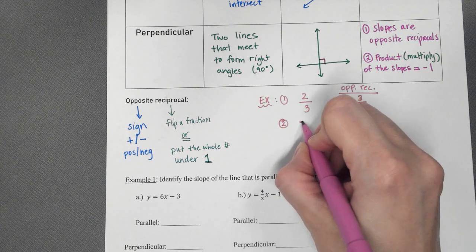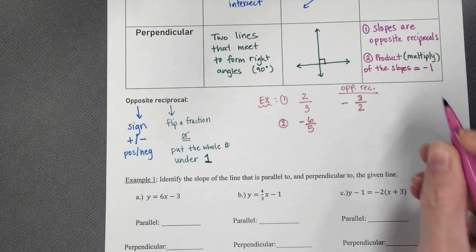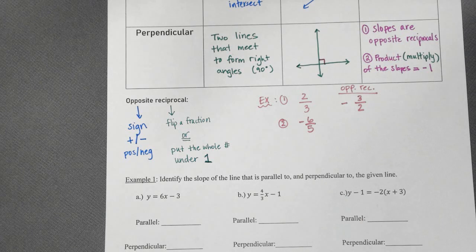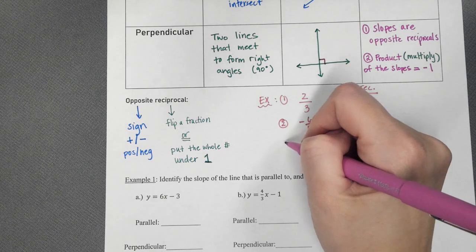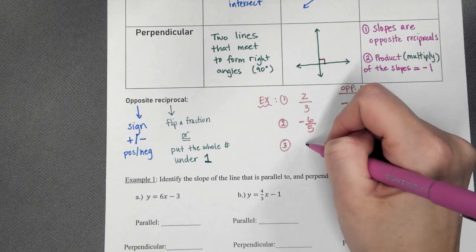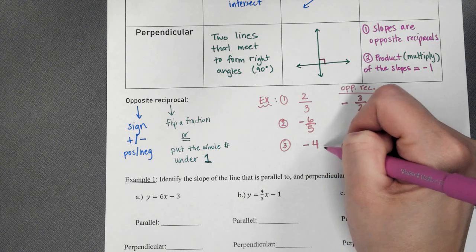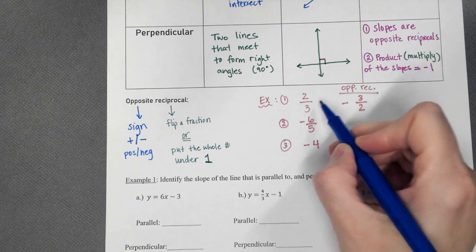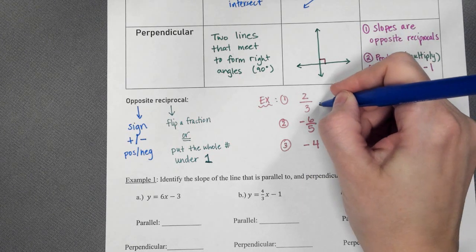Okay, I'm going to give you this, negative 6 over 5. And then can you guys write that one down? And then if you want to try this one, you can. I'm just going to draw an arrow to each one.